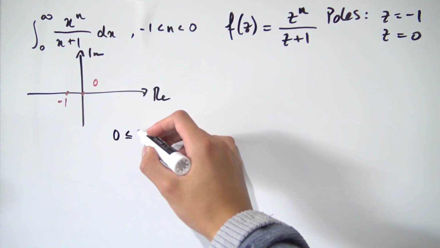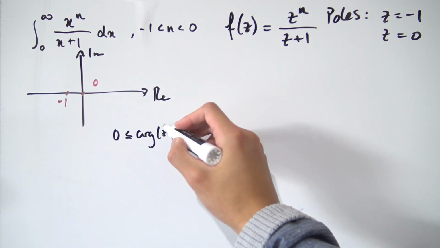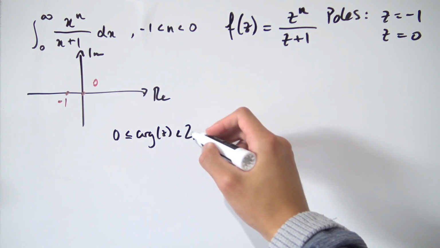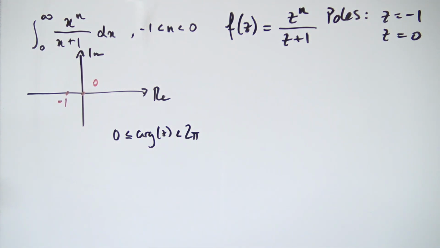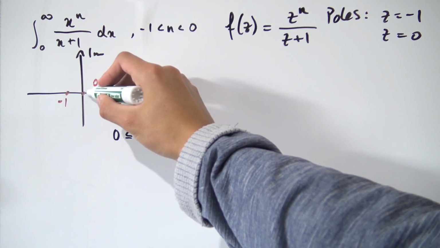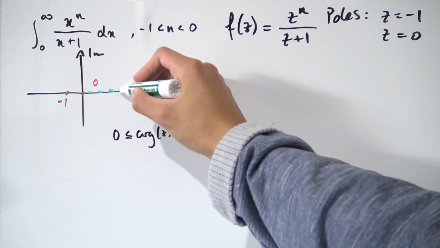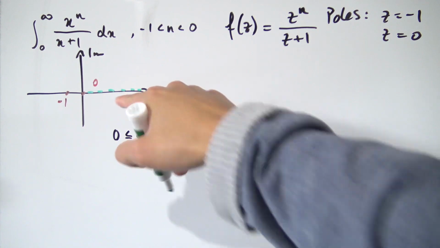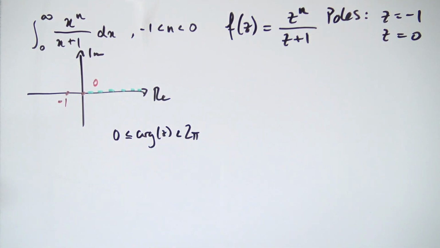So we have the argument of some complex number z being in this domain right here. And if you plot in the branch cut of that argument right there, it's going to lie exactly on the positive real axis like so. So that's the branch cut for our argument like so.